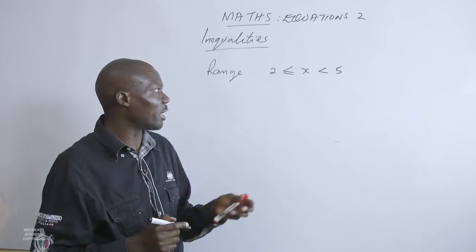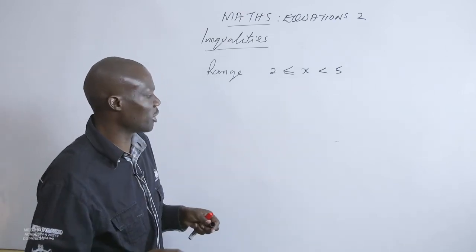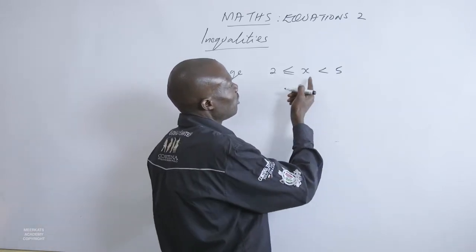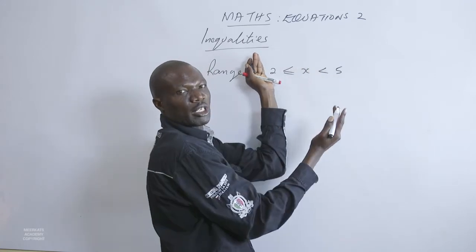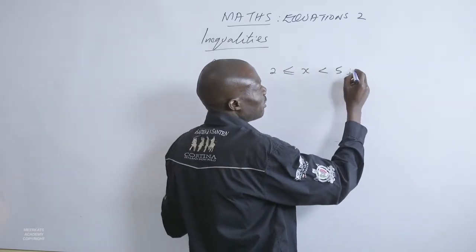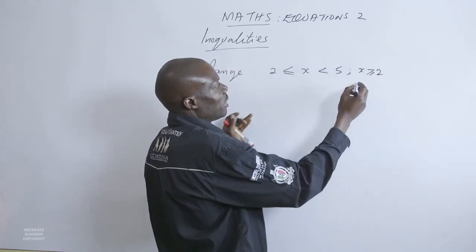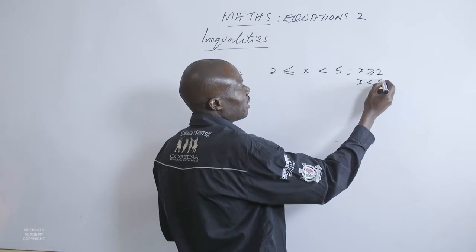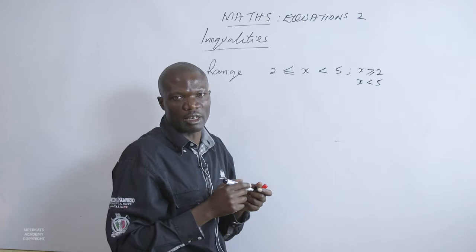If we were to break it, we can break it several times. If we reverse the first part, 2 is less than or equal to x is the same as saying x is greater than or equal to 2, and this side is x is less than 5. So we can simply break that range and have it like that.